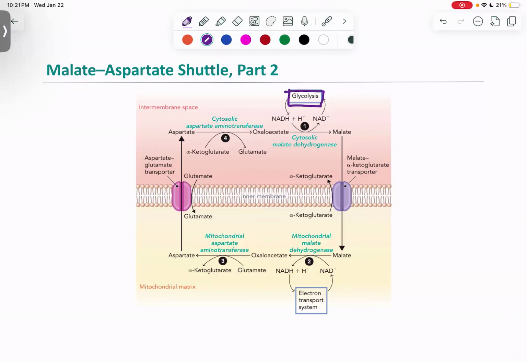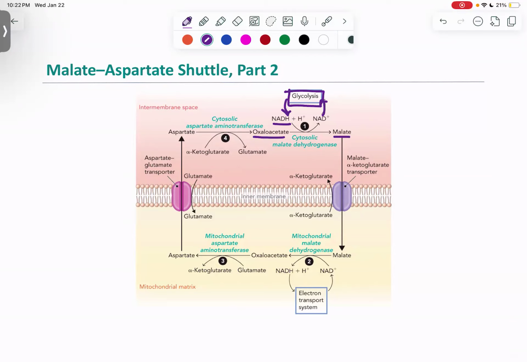Okay, so here's our process. We have glycolysis. Glycolysis has used NAD+, and it's made NADH. So we know that we have this enzyme called cytosolic malate dehydrogenase. Using this enzyme, we can take oxaloacetate, turn it into malate.